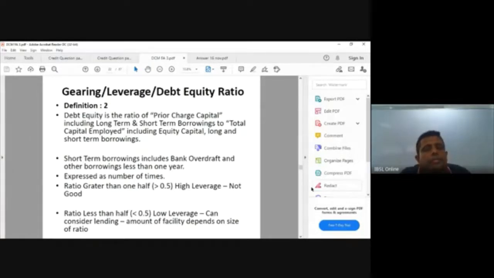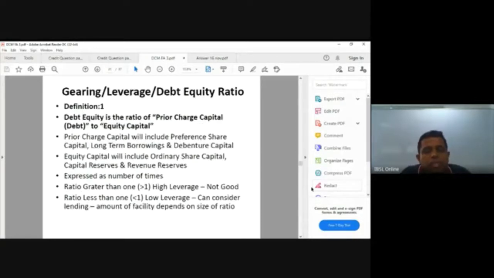Right. Under definition 2, you take the total capital and compare it with the total debt capital. When we define the debt capital, we take not only the long-term capital. In the first situation, we took only the long-term debt capital.